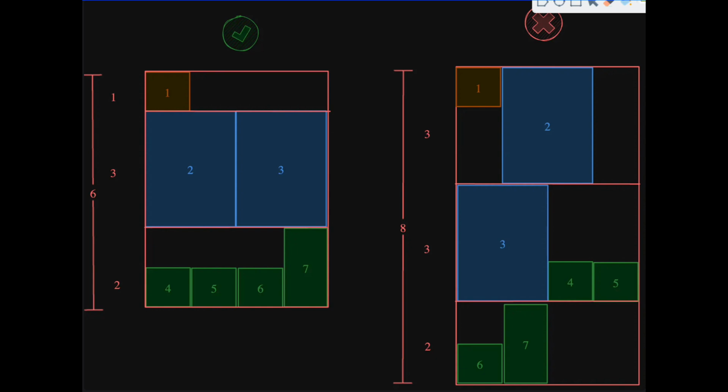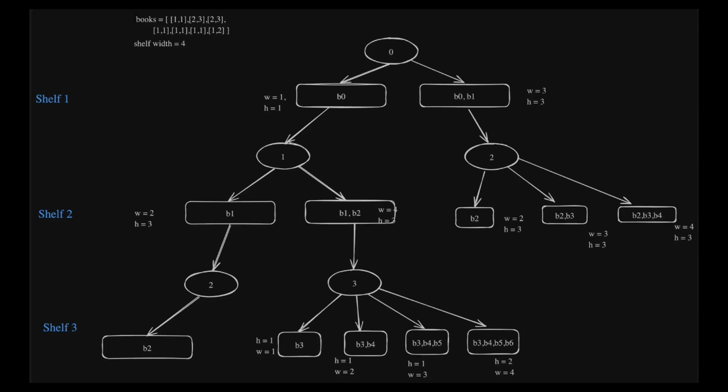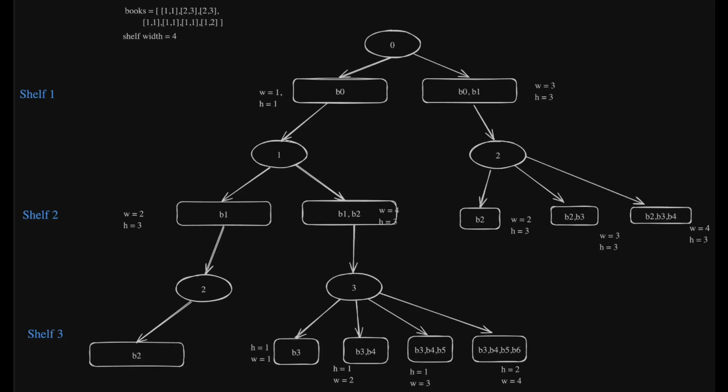So let's come up with a recursive approach first. For recursive approach, what we can do is we can actually try to place as many books as possible on the current shelf, similar to greedy approach, but with a change that as soon as we keep a new book on the shelf, we also try to gauge the minimum height by keeping the remaining books on the next shelves. And at each step, whatever will be the minimum, that will be our answer.